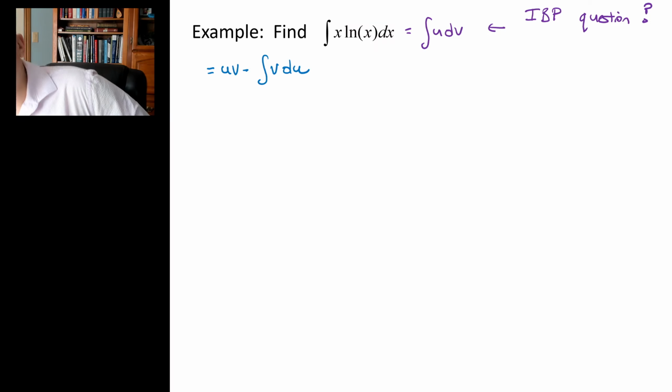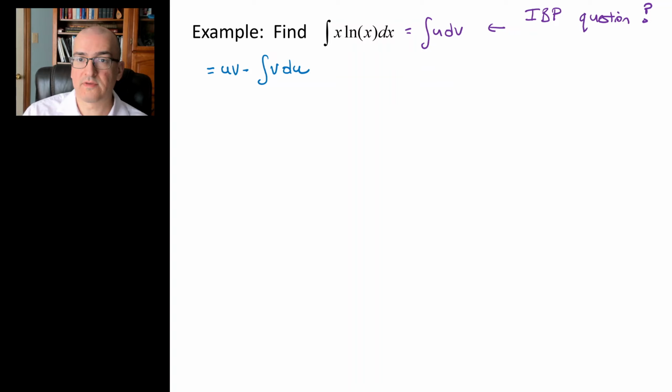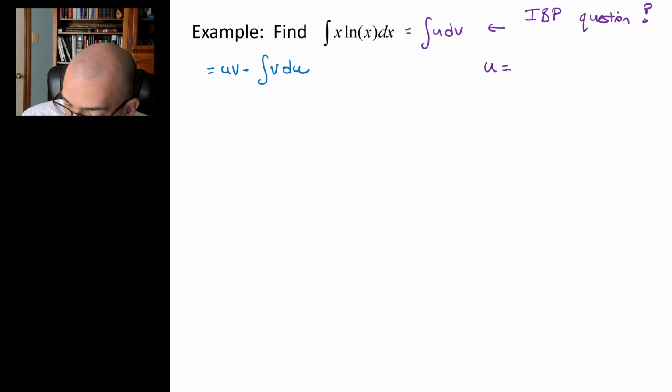And we need all the components for that. We need to identify one piece as the u, the other piece as the dv, and then we have to take the derivative of u, rearrange it to get du, and take the antiderivative of dv to get v. What are the options that we have? We have u is equal to either x or u is equal to ln of x. If u is equal to x, then dv is going to be ln of x dx.